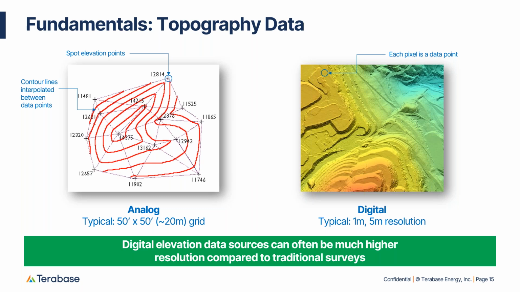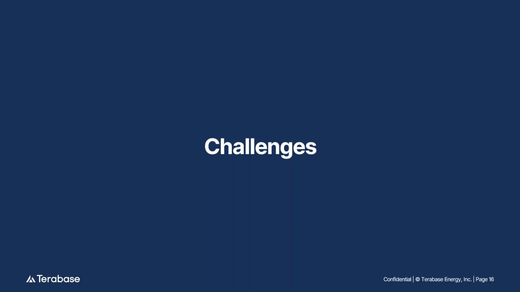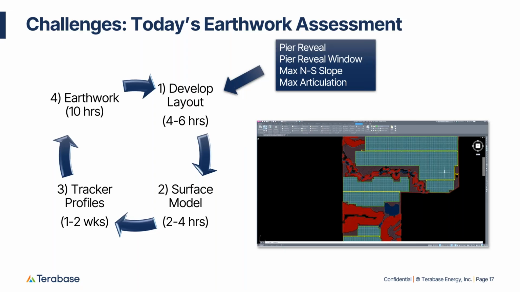Next slide. So let's talk about some of the challenges that I also hope resonate with you. We've talked about some terms, and we'll talk about some of the challenges that we face when we're working on earthwork assessments. Like we've said a couple times already, if you need to assess your earthwork volumes, you need to understand what your pier reveal window, your maximum north-south slope, and your maximum articulation are.